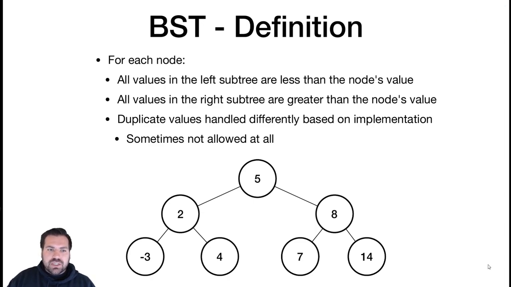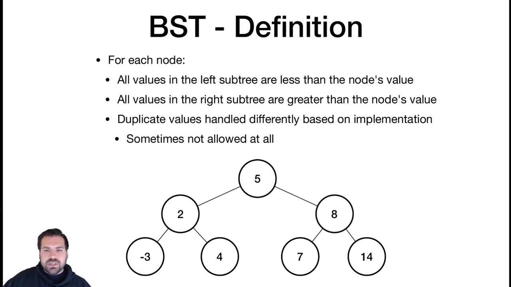So a binary search tree is a tree, and the tree that I used for an example last time happened to be in the format of a binary search tree. I talked about that a little bit last time, but let's go into more depth and more formally define this.